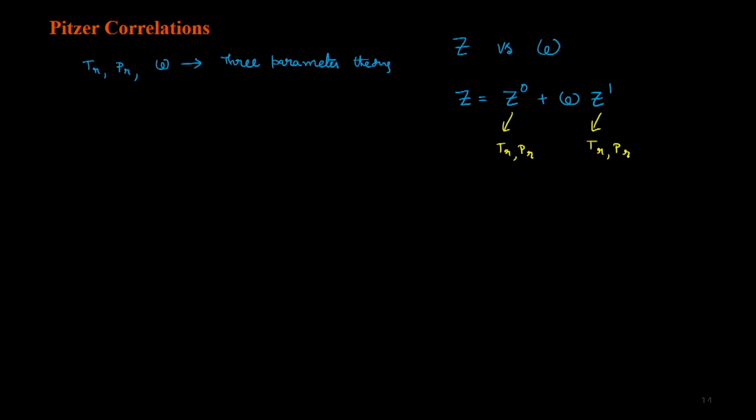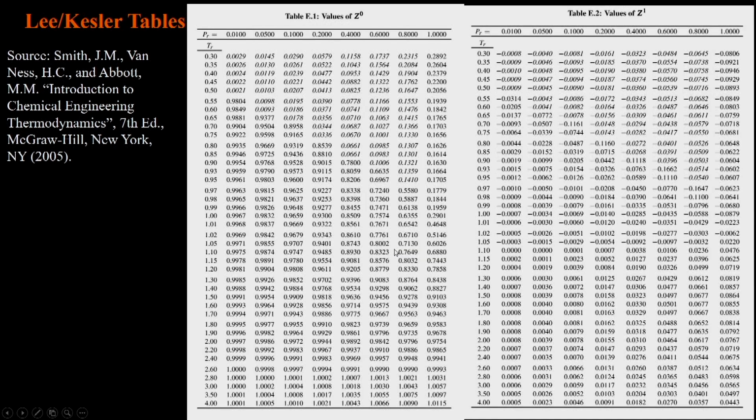One of the famous tables that have been proposed based on this concept are known as Lee-Kessler tables. I've taken this table from one of your textbooks, and if you look at these tables, the values of both Z0 we talked about and Z1 are listed as a function of pressure, the reduced pressure I should say.